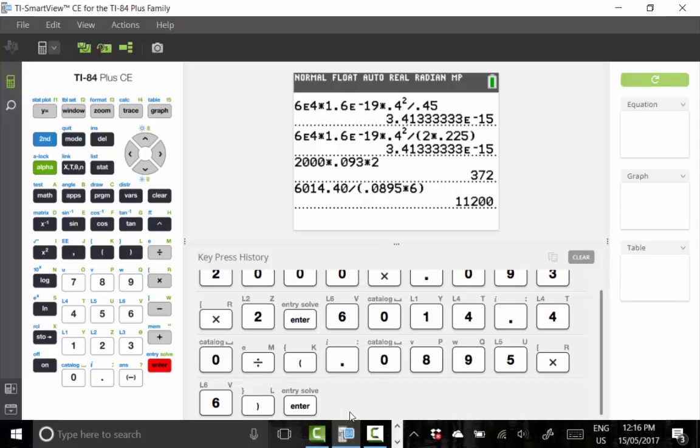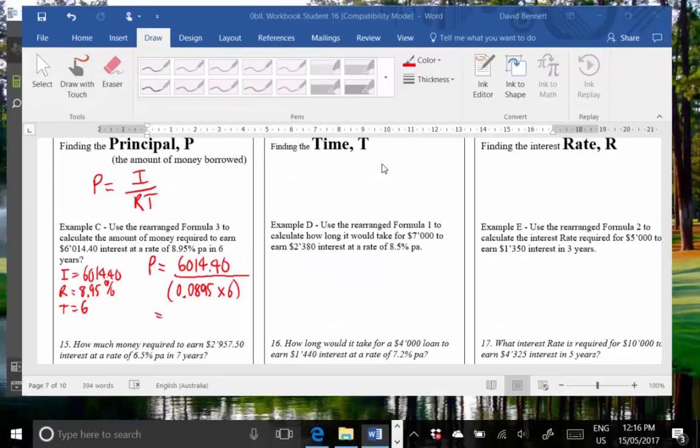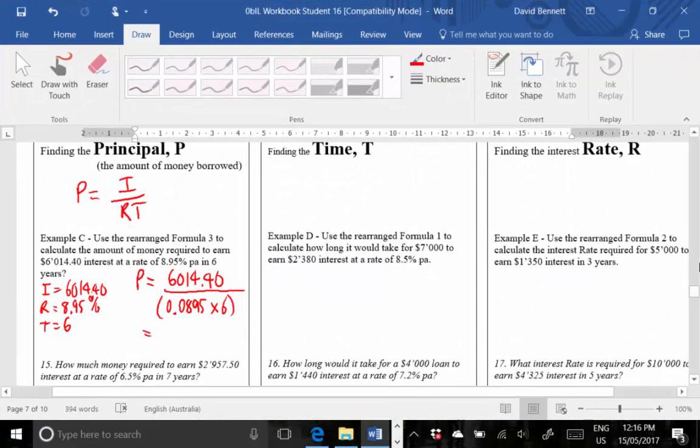So if we go back to our sheet, that's telling us that to get that amount of interest over a 6-year period, we'd need to have $11,200 in our bank account invested.